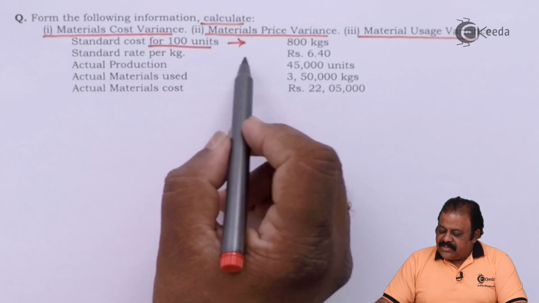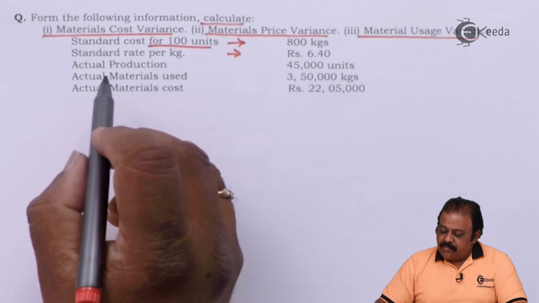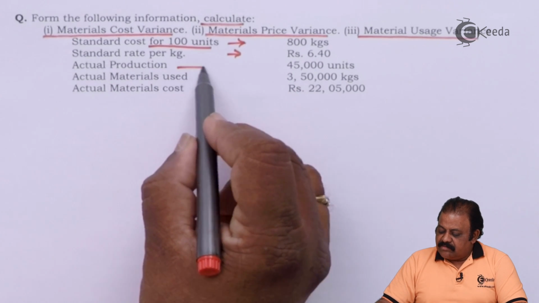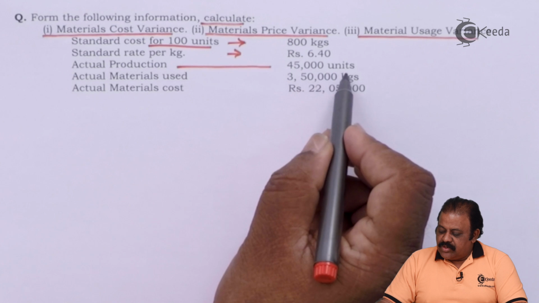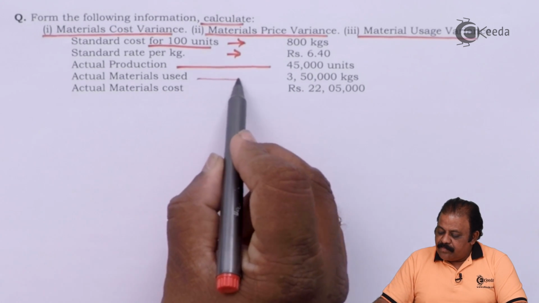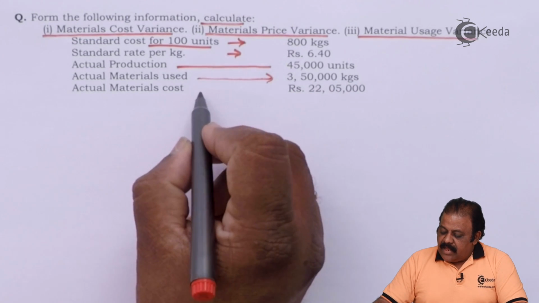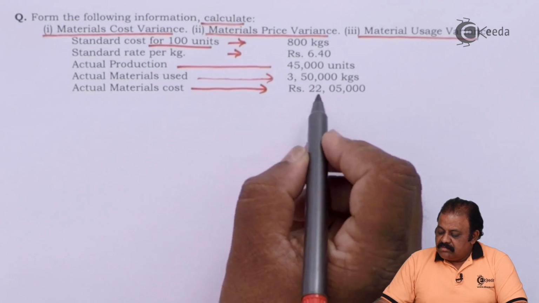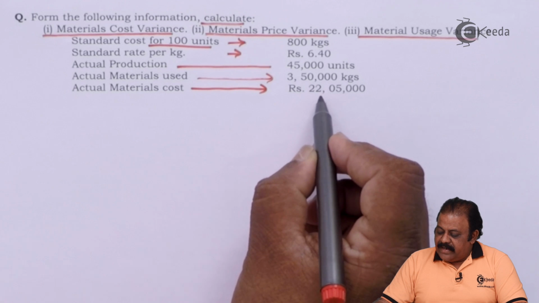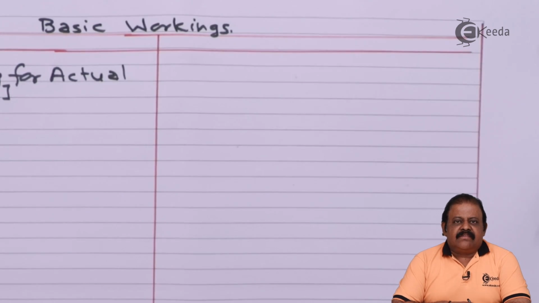Standard rate per kg, 6 rupees 40 paise. Actual production 45,000 units. Actual material used 3,50,000 kg. Actual material cost rupees 22,05,000. We'll do basic workings.